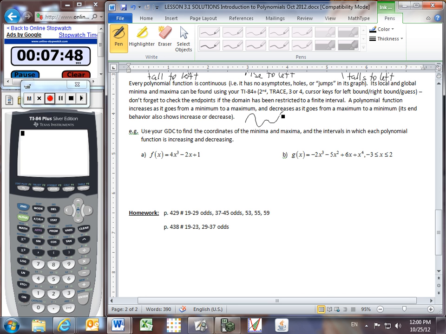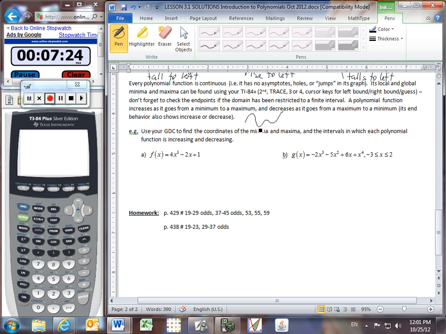But you could have other local maxes or local mins that are not global themselves. There's only one global max and one global min, but you could have multiple local maxes and local mins. And we can see that as we go from a minimum to a maximum, our function must be increasing. As we go from a maximum to a minimum, we can see that our function must be decreasing.